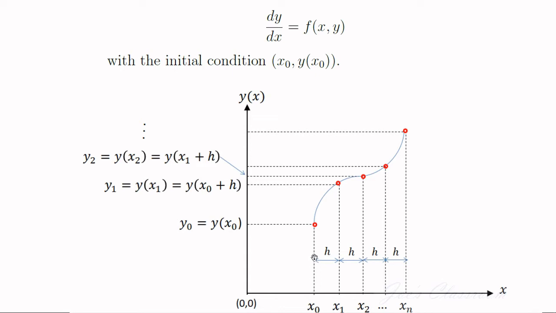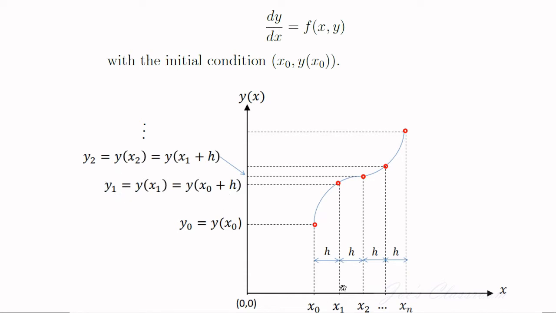And the corresponding y values are y of x0, y of x1, y of x2, y of x3, and so on up to y of xn. Since x1 is equal to x0 plus h, then y of x1 is equal to y of x0 plus h. Therefore, if we have some formula to find out this y of x0 plus h, we can find out y1.